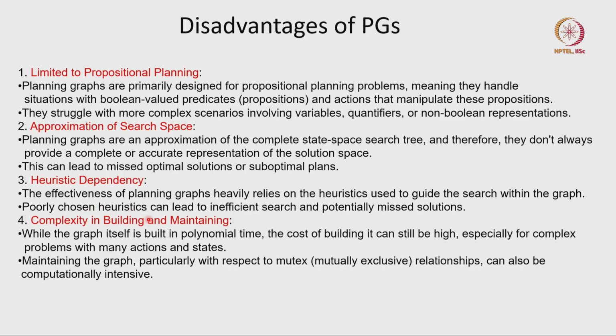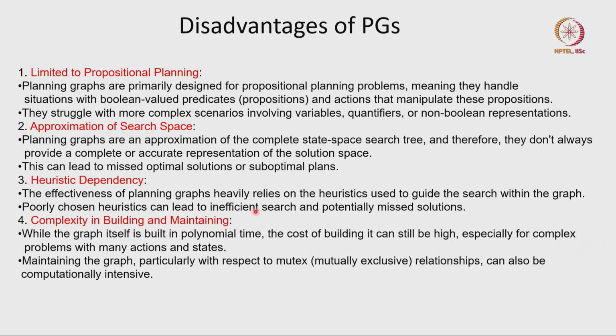The effectiveness heavily relies on the heuristics used to guide the search within the graph, right? And poorly chosen heuristics can lead to inefficient search, and you could miss a solution. That is, you can miss the optimal solution.